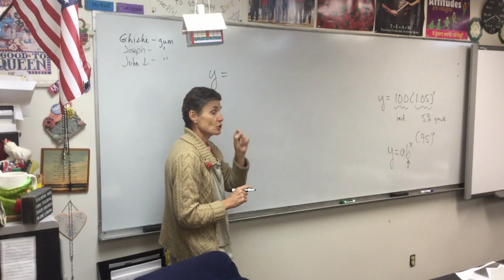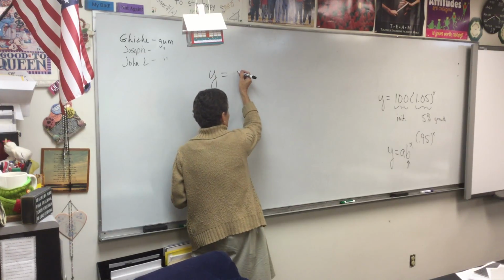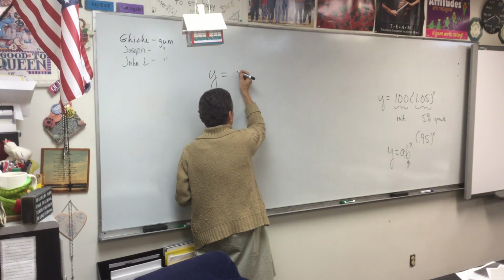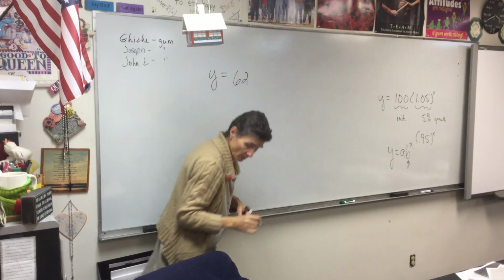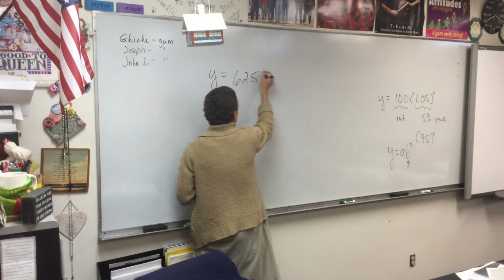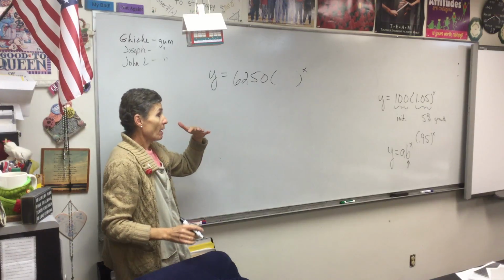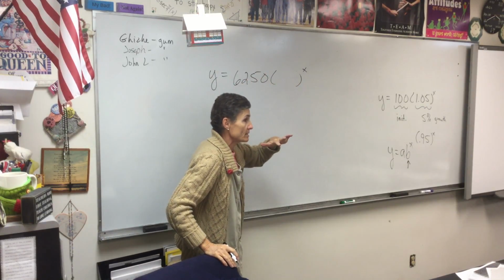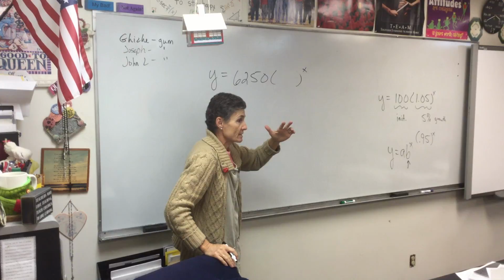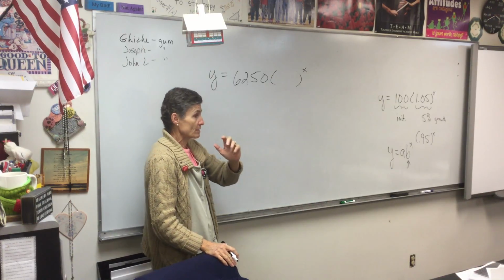What is that equation going to be for problem 31? What's my initial value? 6250, was it? Yep. And then, what am I multiplying by? Is my population increasing or decreasing? Increasing. So it's going to be 1 plus whatever I'm increasing by.